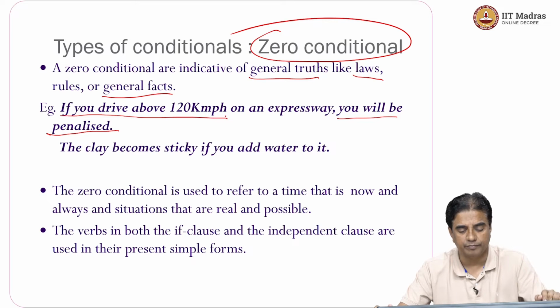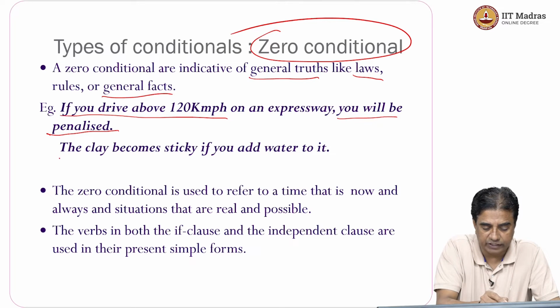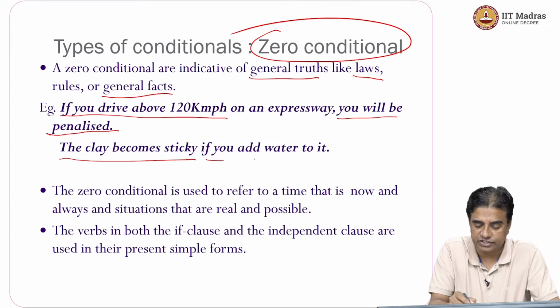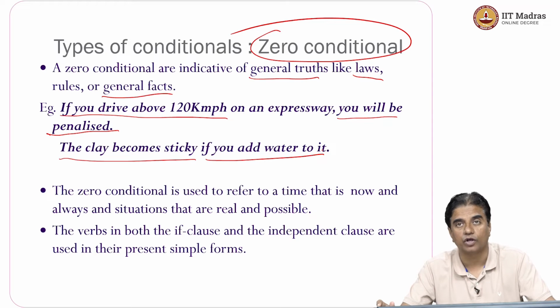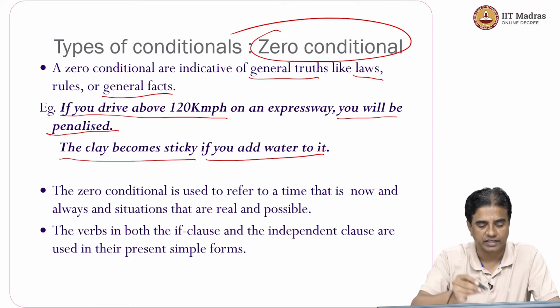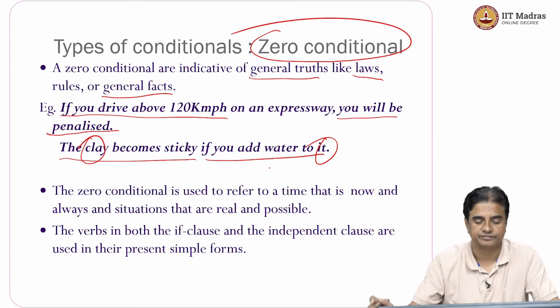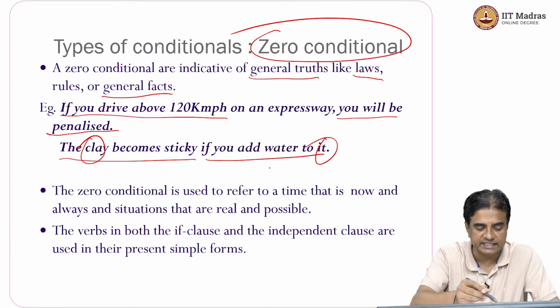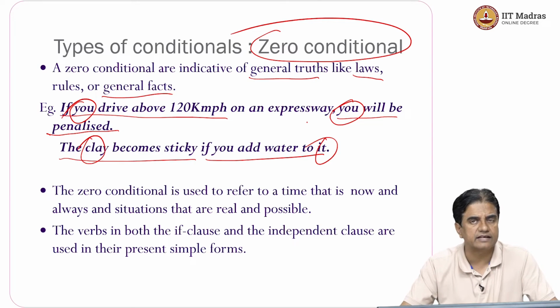The clay becomes sticky if you add water to it. Here, the main clause precedes and the conditional clause follows. Remember, here we have tried to put the noun first and the pronoun later. In the previous sentence, both of them were pronouns, didn't matter.